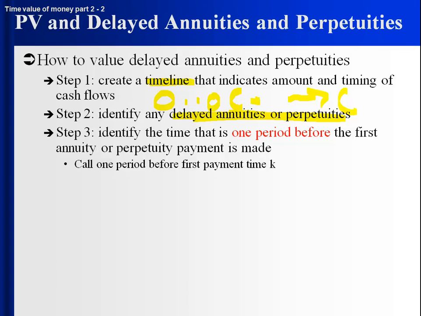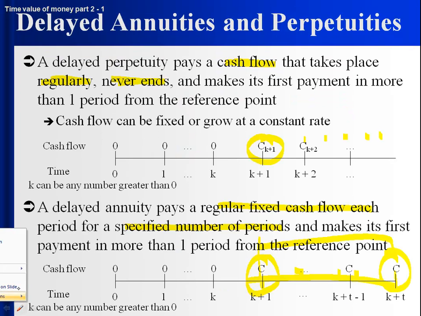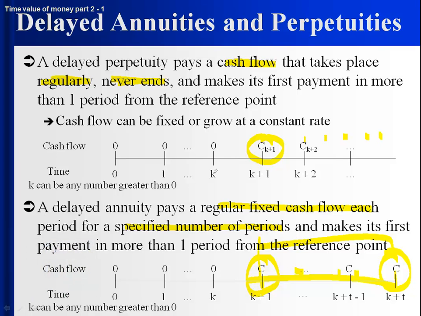All right, step 3, find the time that is one period before that first cash flow. We're going to call that time K. So let's go back here, and I'm going to use some different colors to make it a little easier to see. Here's time K, the time one period before the cash flow starts.